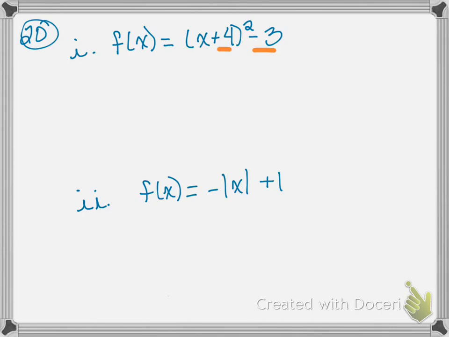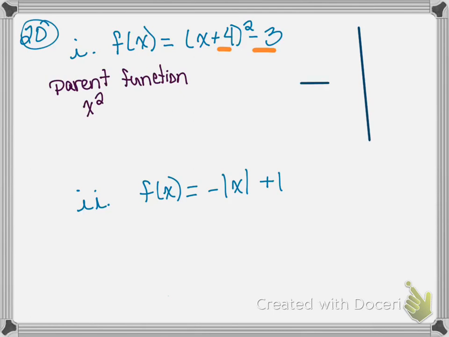So our parent function is x squared. Okay? And let me go ahead and draw my x and my y axis. Okay. So my parent function is going to be kind of, whoops.